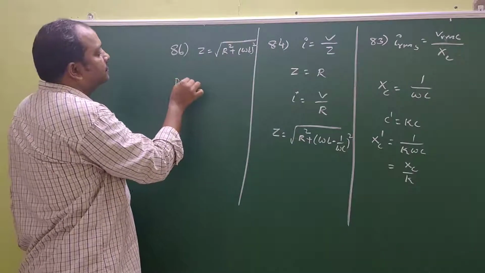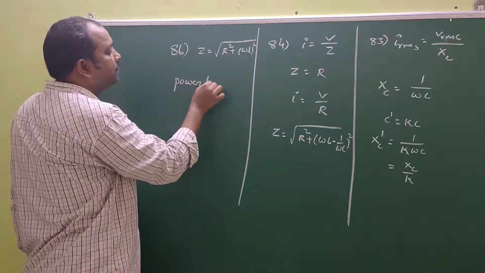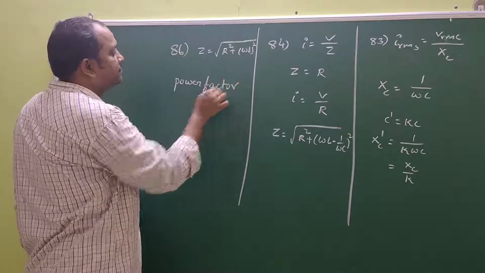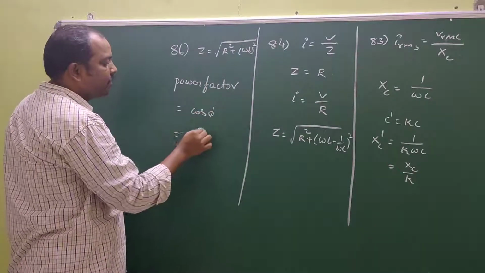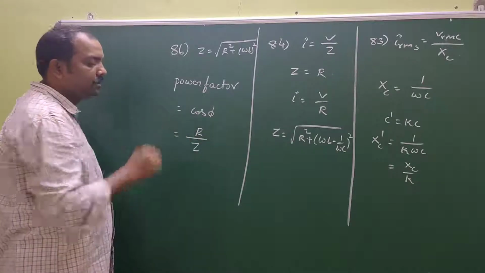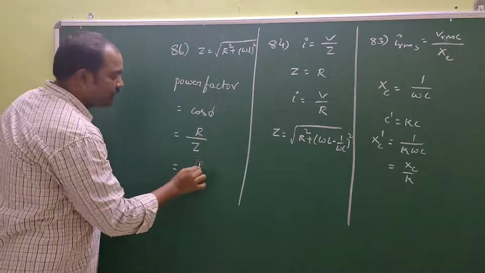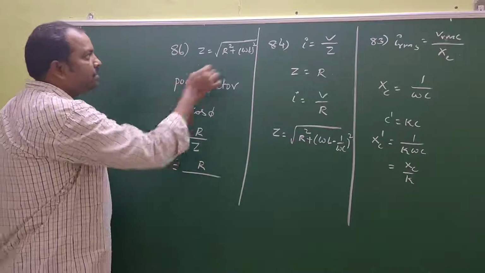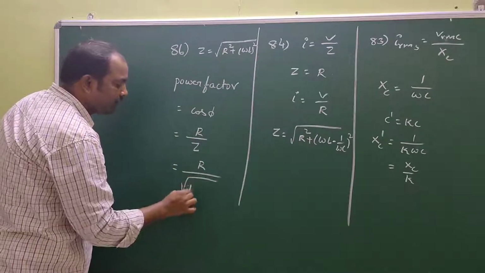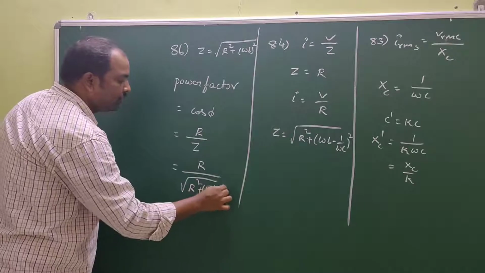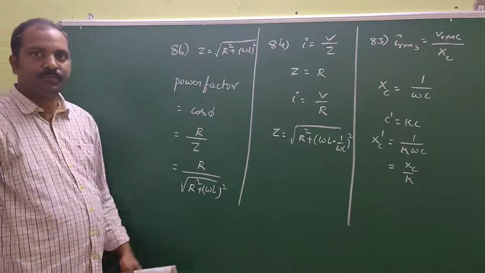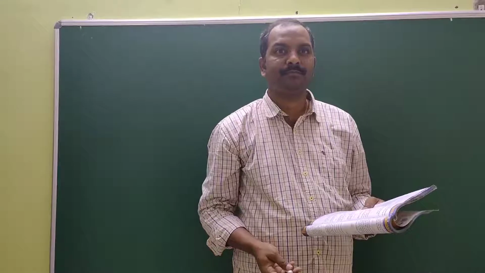Power factor is nothing but cos phi. Cos phi is equal to R by Z, where Z is the impedance, under root of R square plus omega L whole square. So that is the power factor.